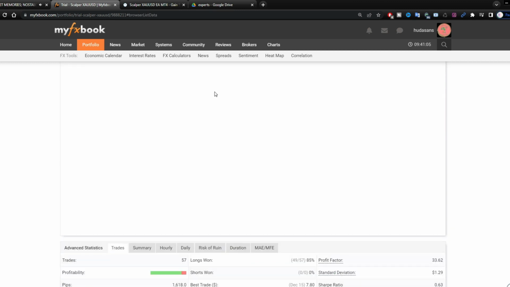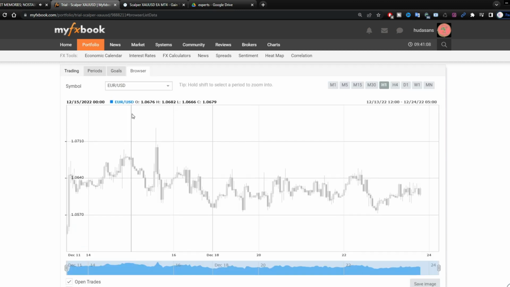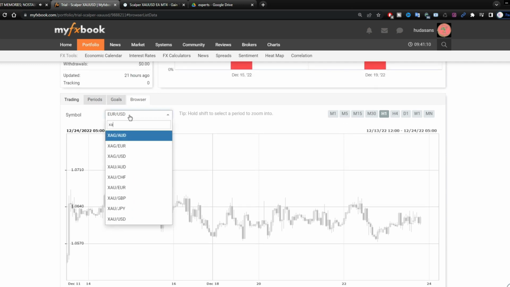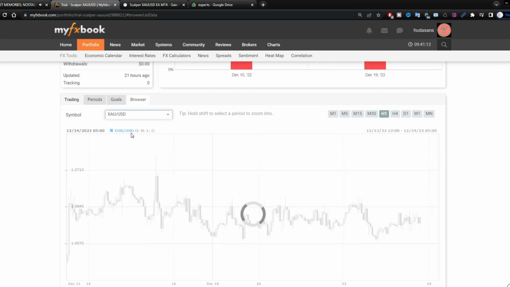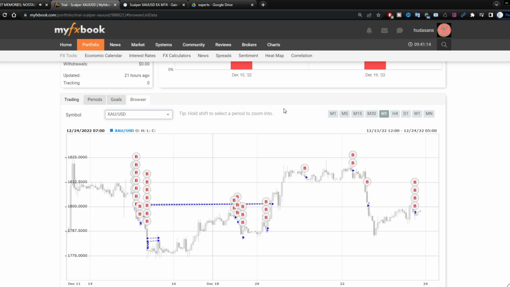Once again I explain this expert advisor does not use martingale. For details of transactions that occurred over 11 days, it is like this. You can pay attention to the candlestick chart. The opening that happened was just buys.